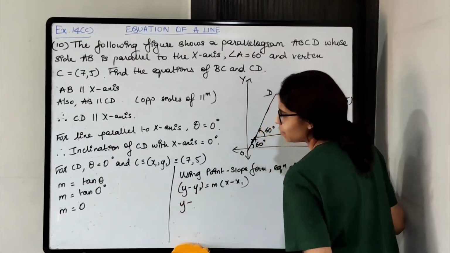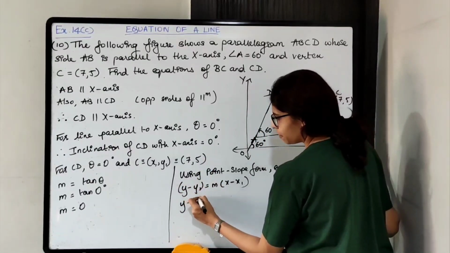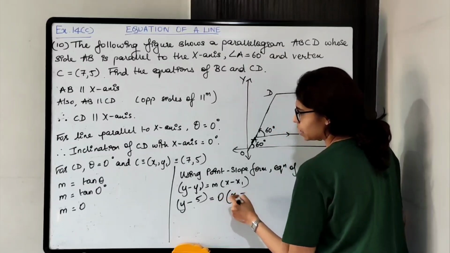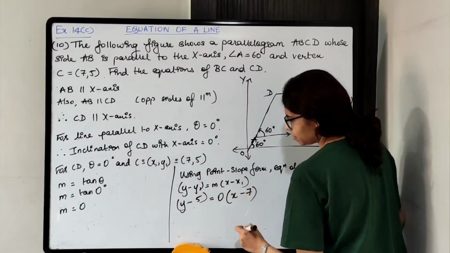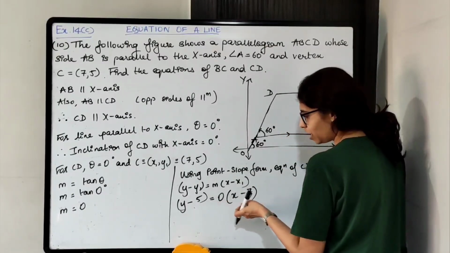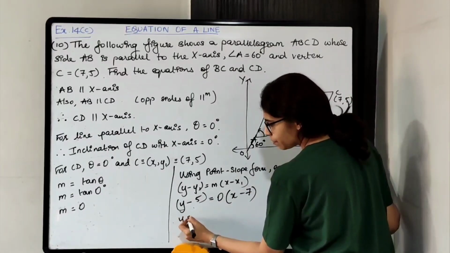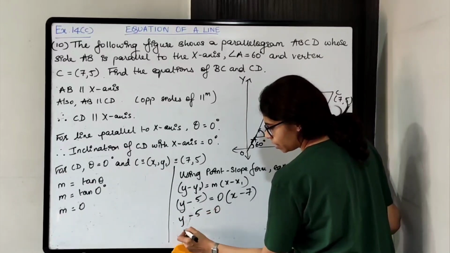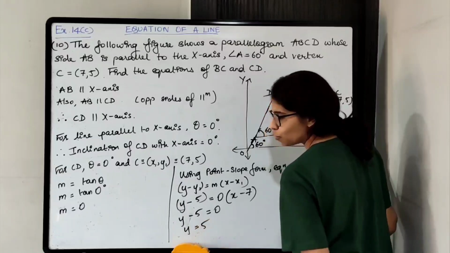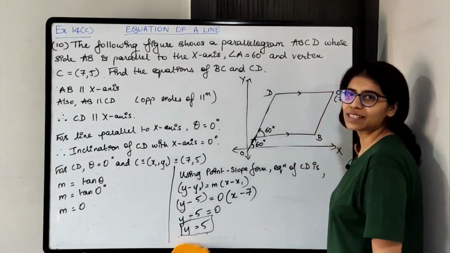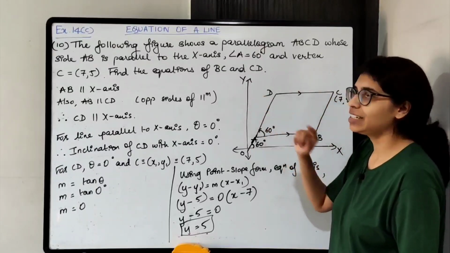Y as it is, y1 is 5, m is 0 and x minus x1 is 7. 0 into anything will be 0. So the whole thing will be 0. Sorry, y minus 5 equal to 0. So this will give y equals 5. This is the equation of the line CD.